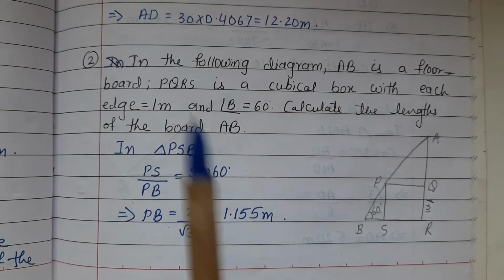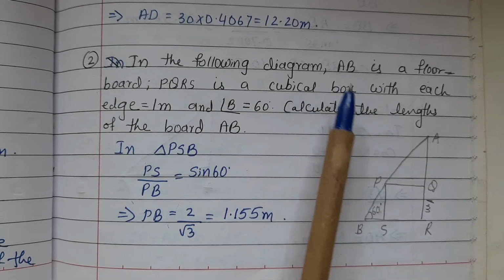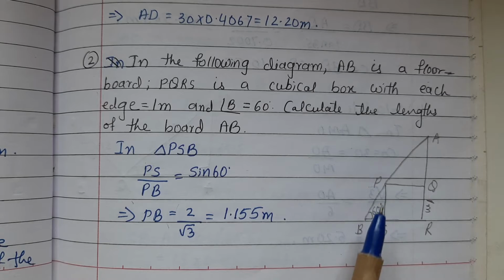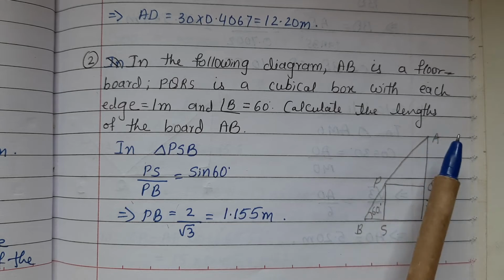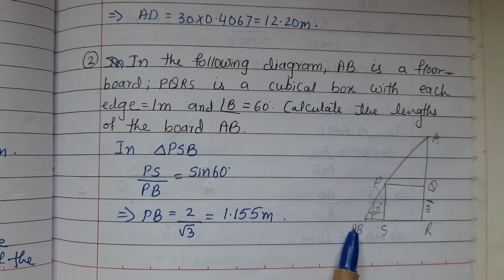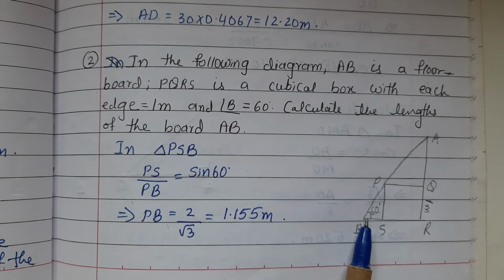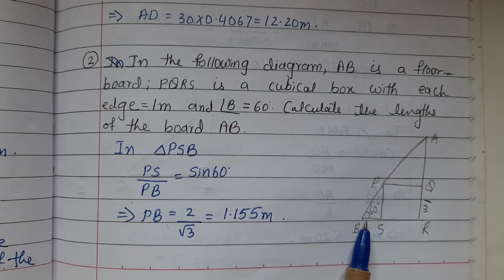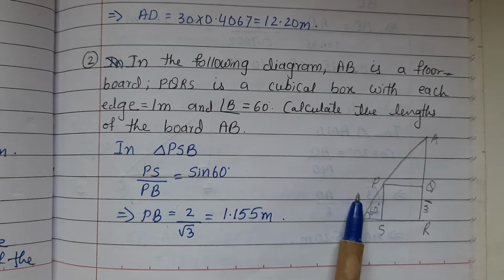Sum number 2. In the following diagram, AB is a floorboard. PQRS is a cubical box with each side 1 meter. Angle B is 60 degrees. Calculate the length of the board AB. In triangle PSB, since angle B is 60 degrees, sine 60 is PS upon PB.